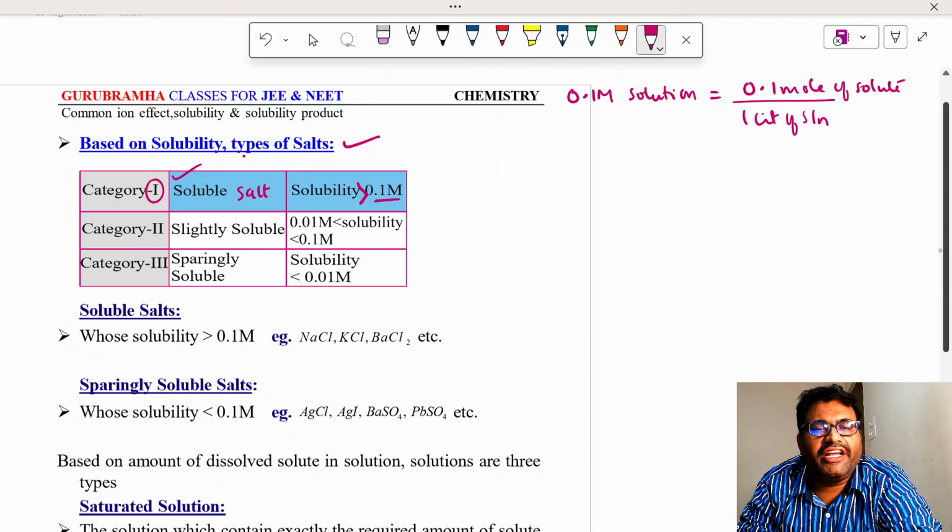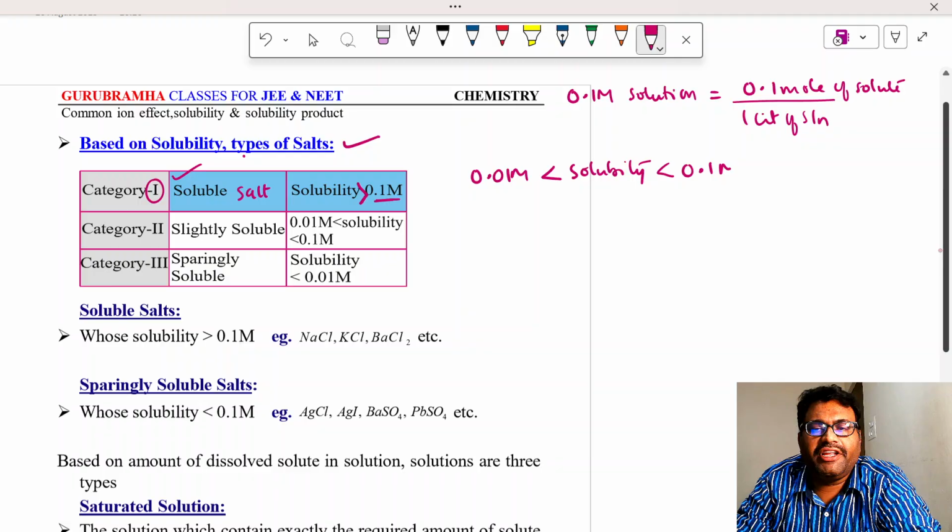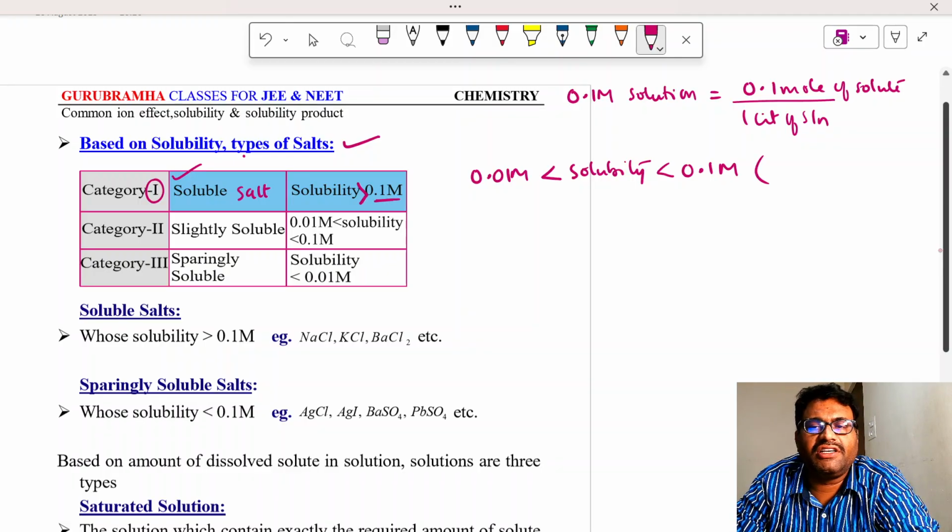If the solubility of the ionic solid is greater than 0.01 M and less than 0.1 M, then it is called a slightly soluble salt. We are classifying the salts based on their solubility. If the solubility is less than 0.1 molar and greater than 0.01 molar, then it is slightly soluble.